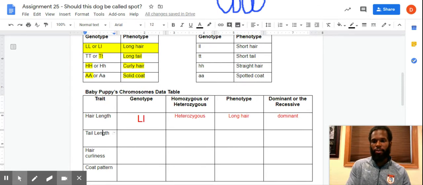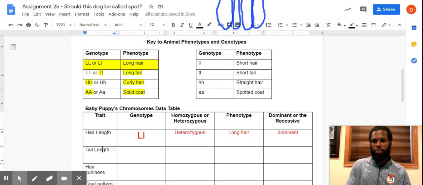Tail length. The next one's going to be for the T's. So we have big T, little t is the genotype. Now, is this the same or different? These are different once again. So for different, it's going to be heterozygous. And we know it's going to be a long tail. From our chart here, the phenotype, long tail.